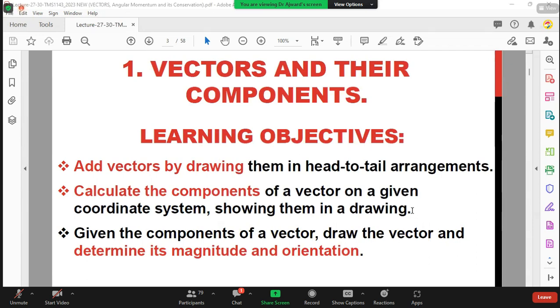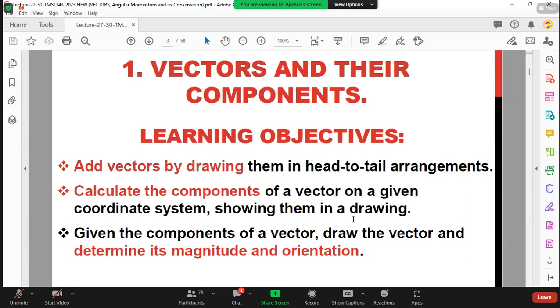Vectors and their components. In that, the objectives are, you will see what are vectors and how to draw a vector, and also how to add vectors by drawing them. The other thing is to calculate the components of a vector on a given coordinate system, showing them in a drawing.